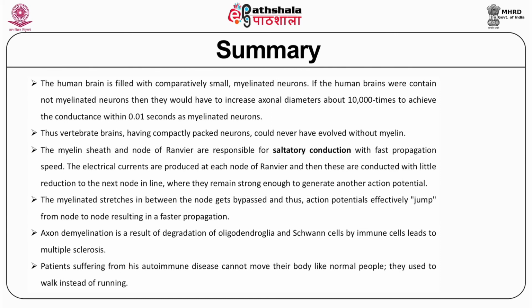The myelin sheath and the nodes of Ranvier are responsible for saltatory conduction and fast propagation speed. The electrical currents are produced at each node of Ranvier, and then conducted with little reduction to the next node in line, where they remain strong enough to generate another action potential.